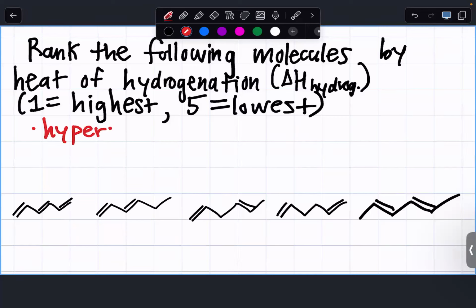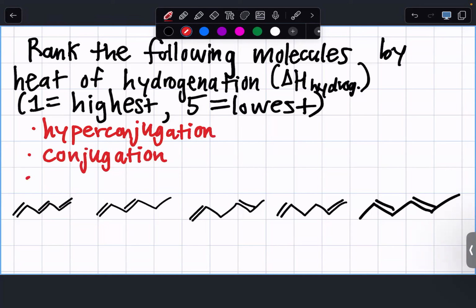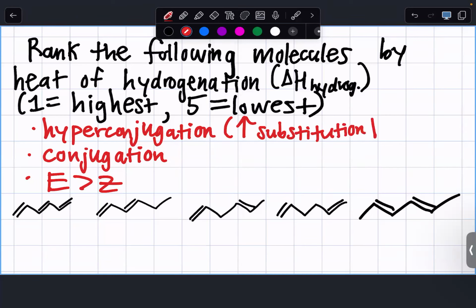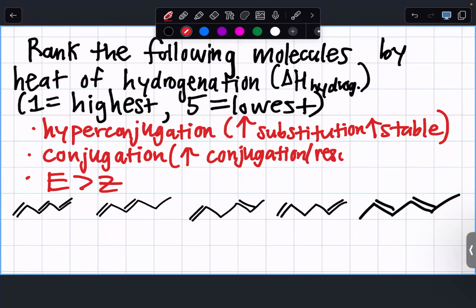There's hyperconjugation, there's conjugation, and there's E and Z, where E is more stable than Z. More hyperconjugation or more substitution means more stable. More conjugation or more resonance means more stable.